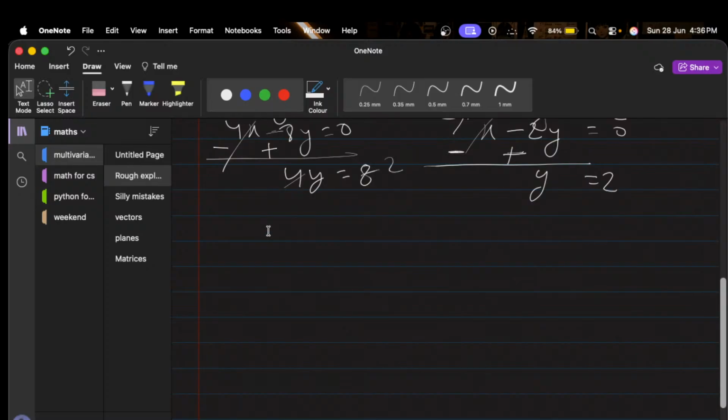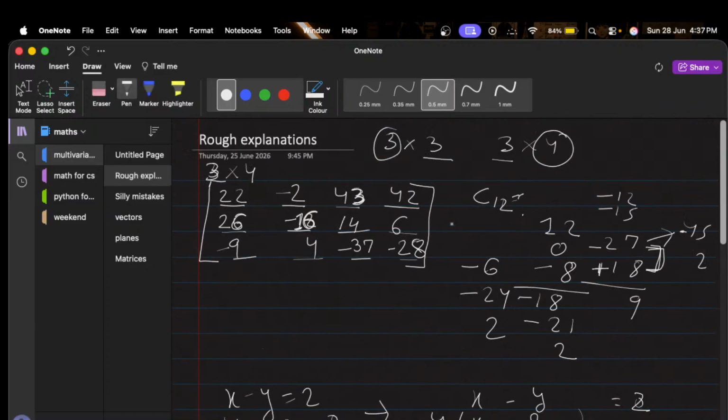So 1, minus 1 and 4, minus 8. We have to fill these places, first row into column.